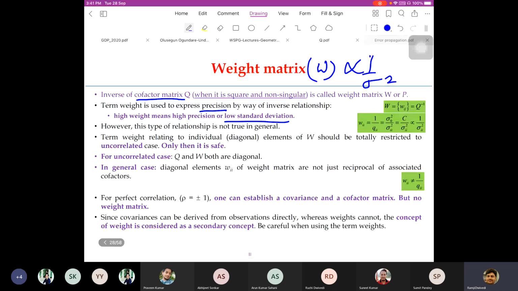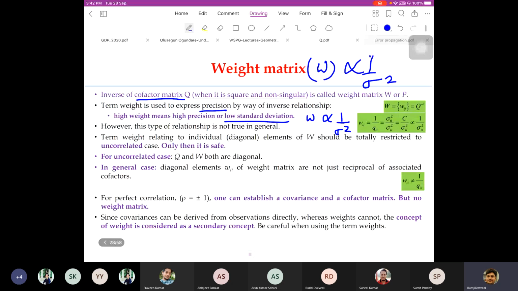It means that although this relationship exists, where weight is proportional to the inverse of variance, or you simply say inverse relationship, sometimes a lot of factors dominate this relationship. I'll give you one example when we come to one problem, then you will realize it very clearly.